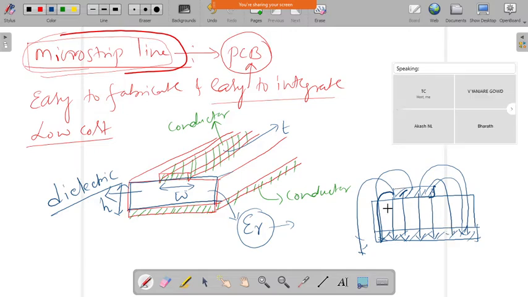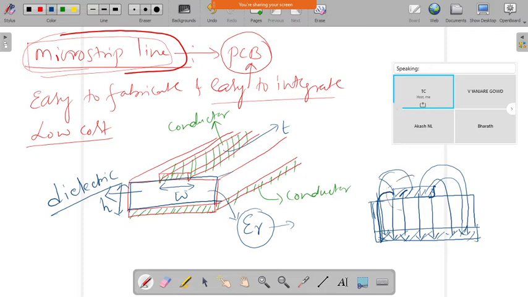This is the E field. It should actually be within the dielectric space itself; it will not go outside.